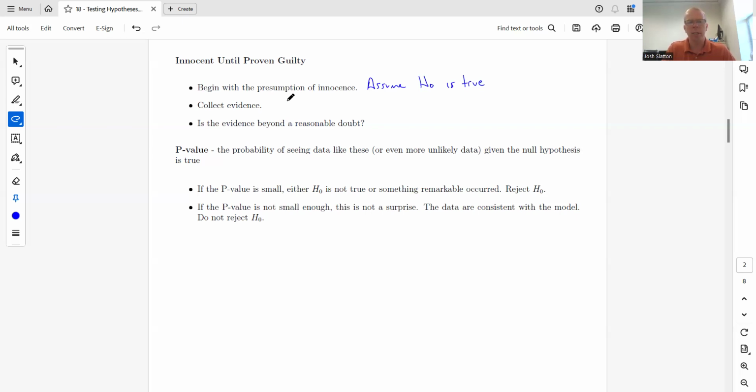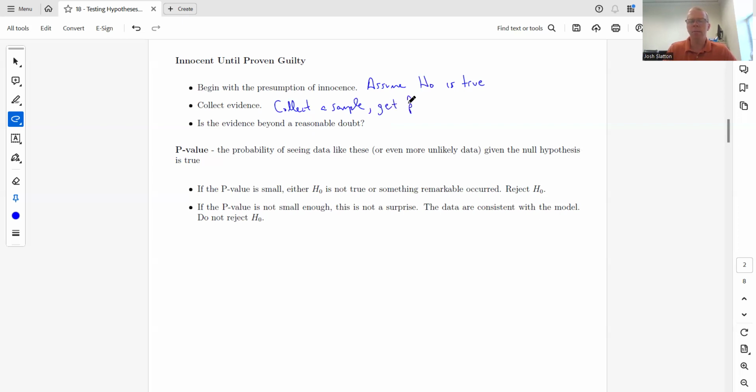Next, in a court case, you would collect evidence, and this would be to take a sample, and in our case, with a categorical variable, we're going to get p hat.